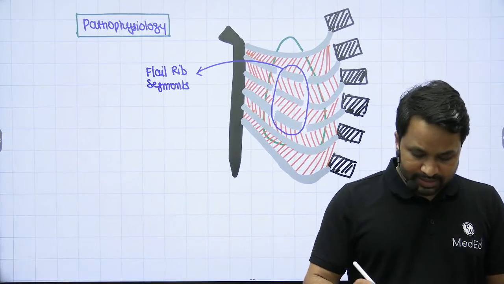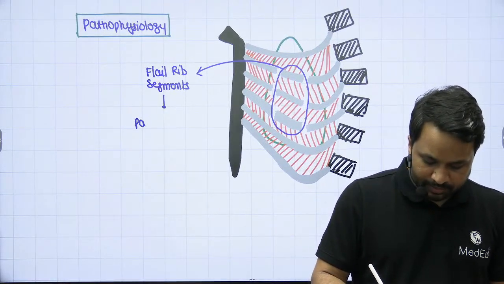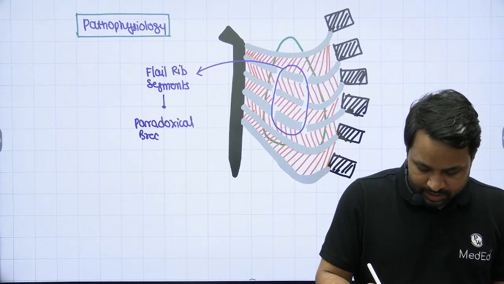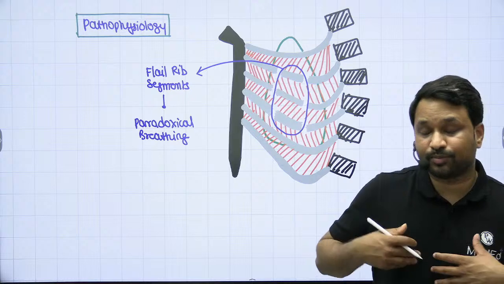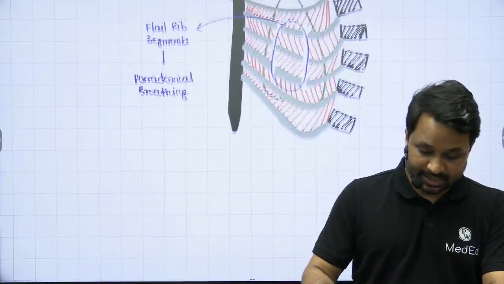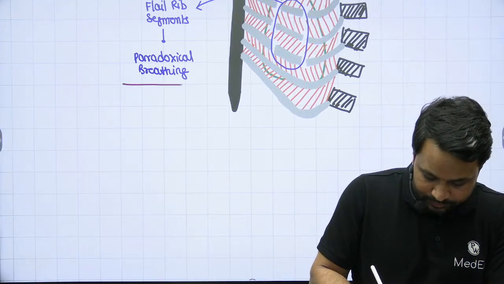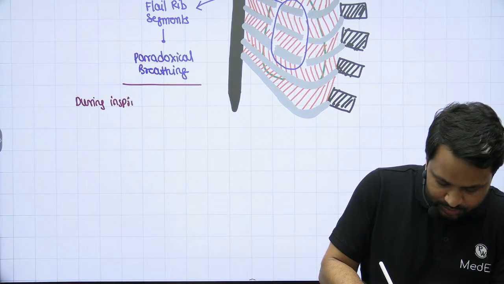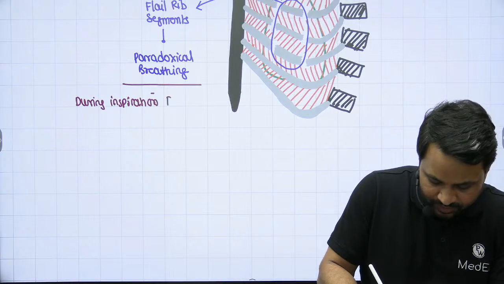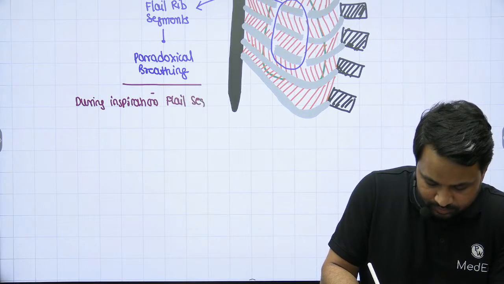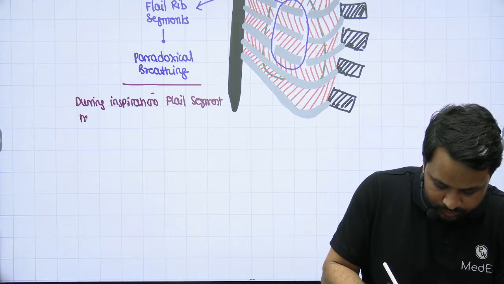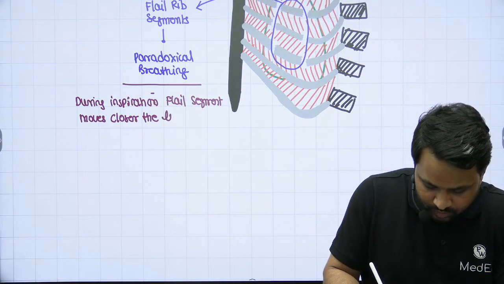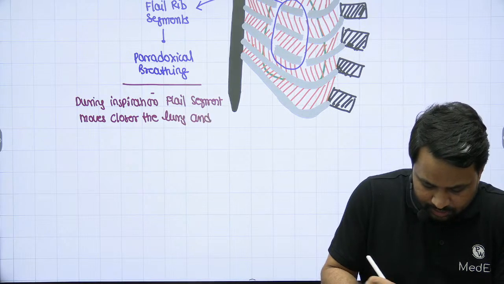Now because of this the patient will develop something called paradoxical breathing. What is paradoxical breathing? Normally during inspiration we expect the ribs to move away from the lungs, but in flail chest, during inspiration the flail segment moves closer to the lung and compresses it.